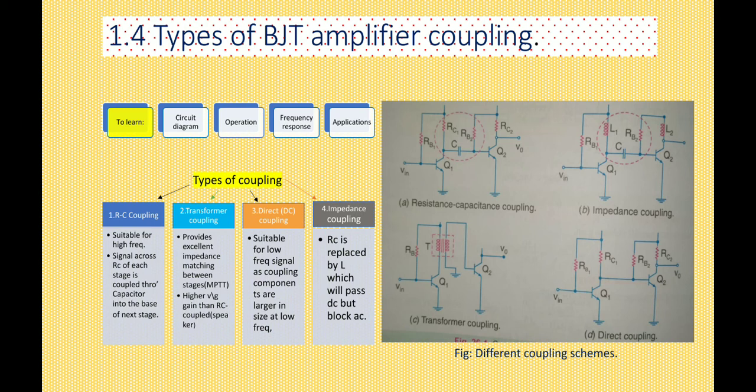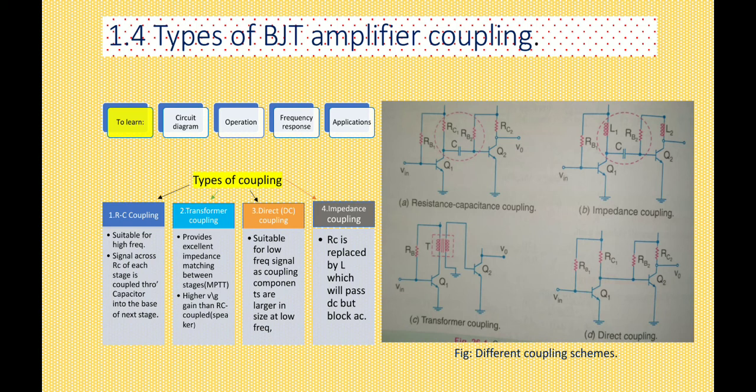Second, transformer coupling provides excellent impedance matching, as the resistance of the transformer winding is very small compared to that of the RC, and ensures maximum power transfer from one stage to the next. Higher voltage gain is obtained compared with that of the RC. Then direct coupling. Direct coupling is suitable for low frequency as the coupling components are larger at low frequency.